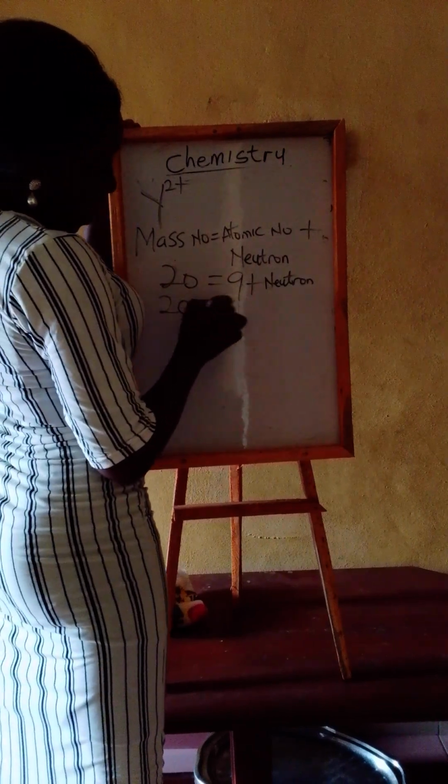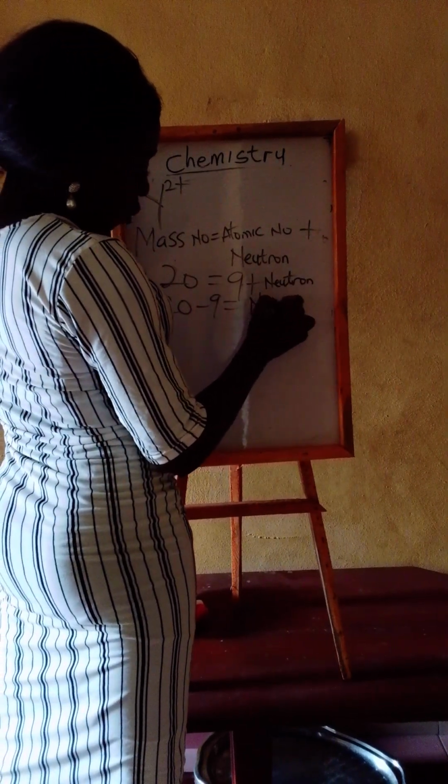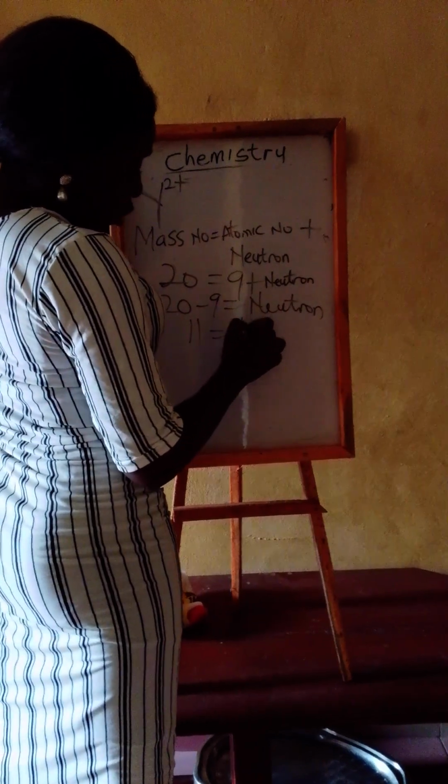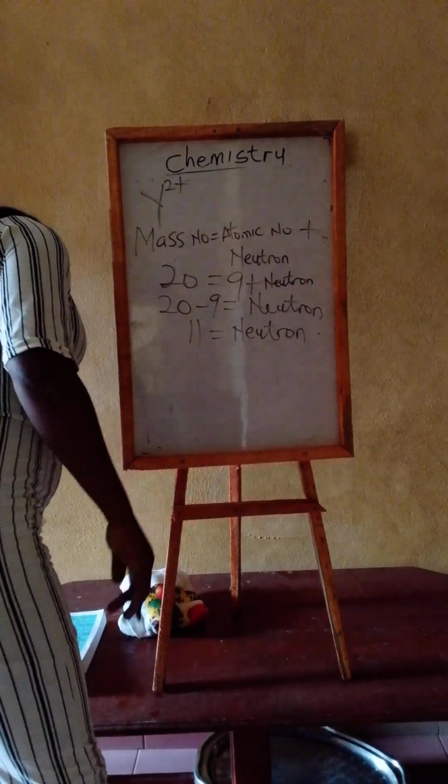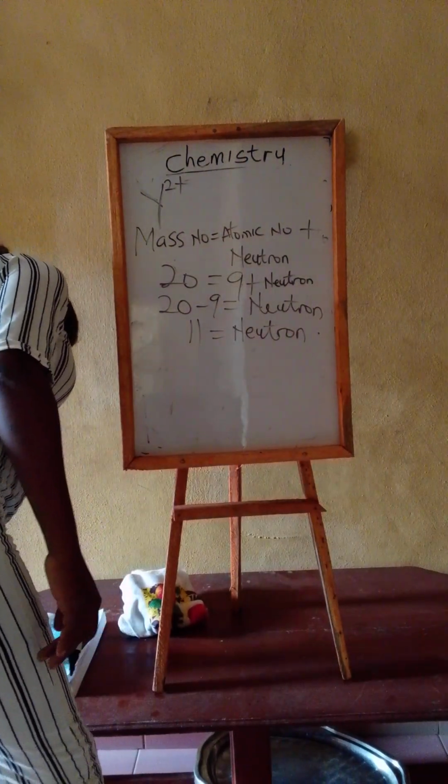So we have 20 minus 9 equals neutron. So the number of neutron is 11.